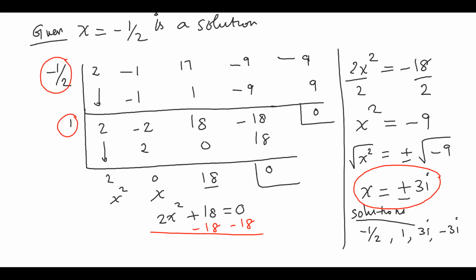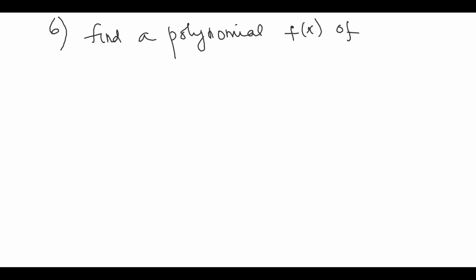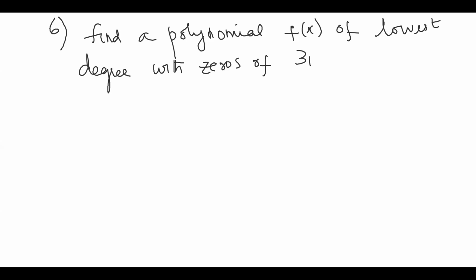So next problem, number 6. We have to find a polynomial f of x of lowest degree with zeros of 3i and 2 of multiplicity 2.